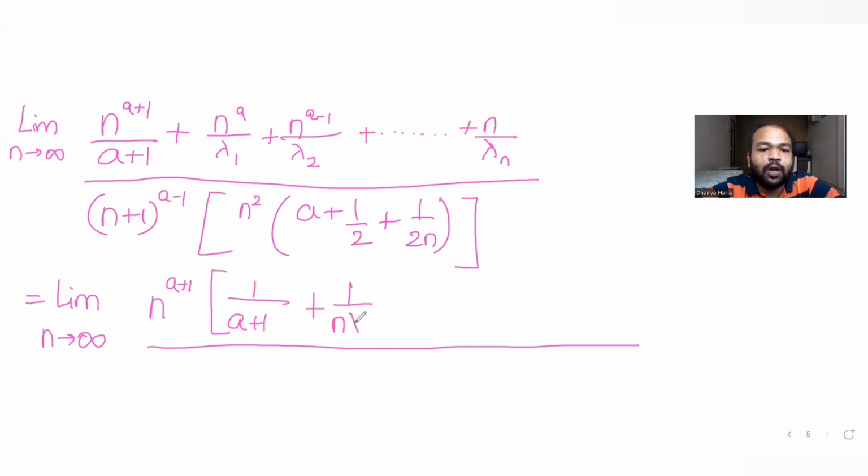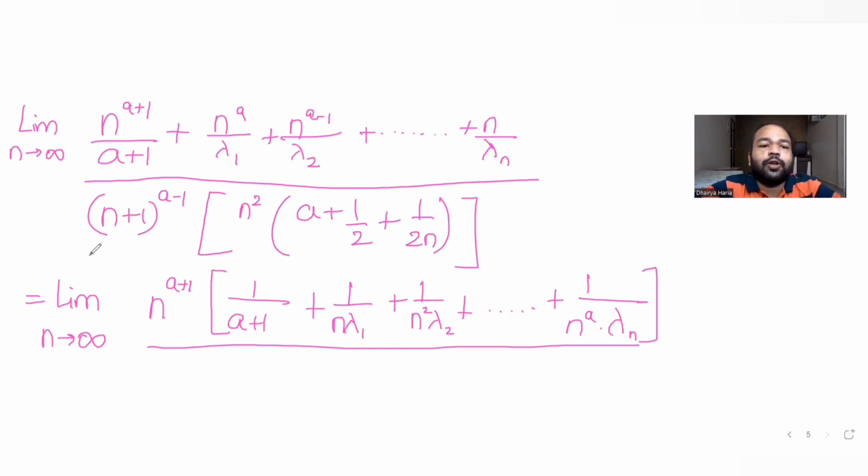So it becomes 1 upon n lambda 1 plus, here it will become 1 upon n square lambda, till here we get 1 upon n raised to a minus 1, because we have taken a plus 1 common and n comes common, so it should be n raised to a, not a n raised to a. So it should be n raised to a to some constant lambda.